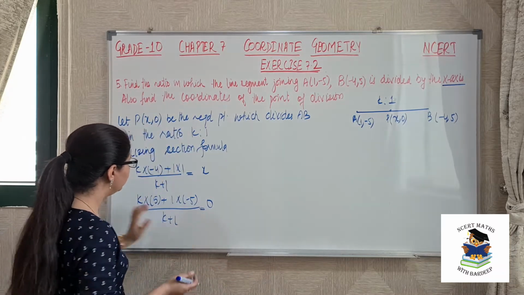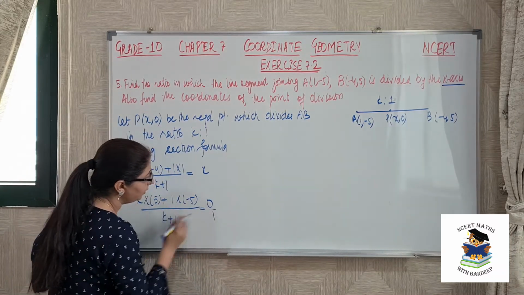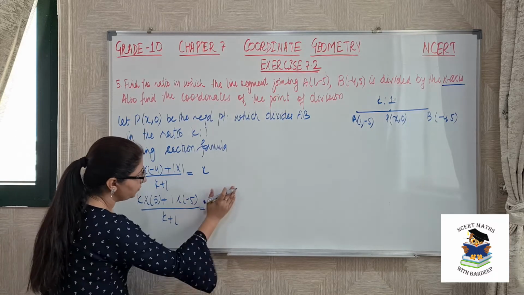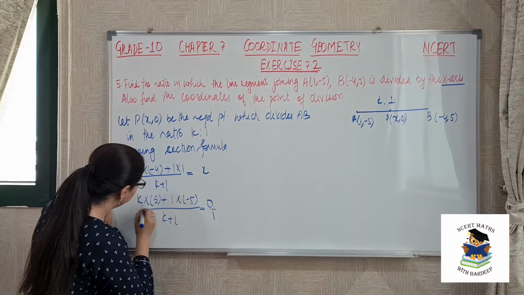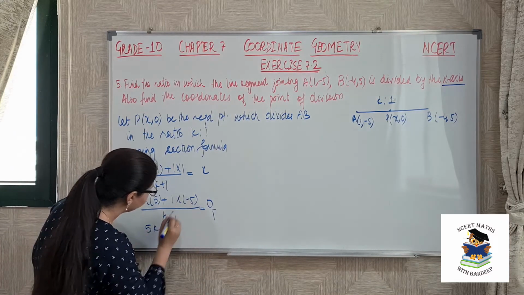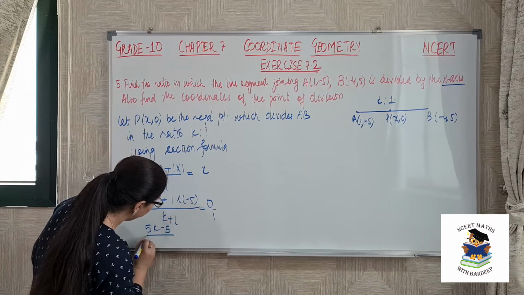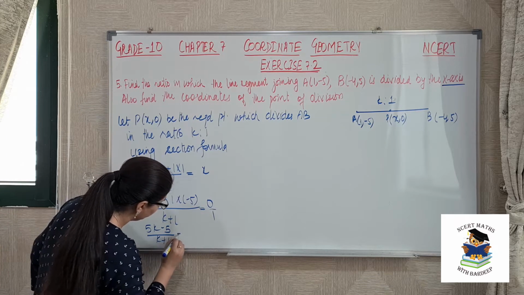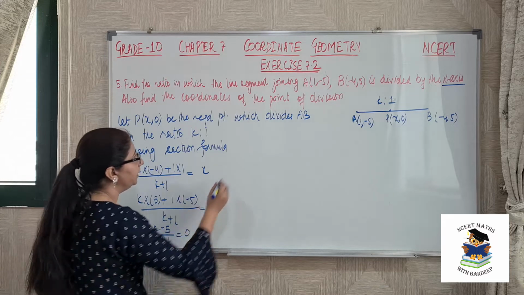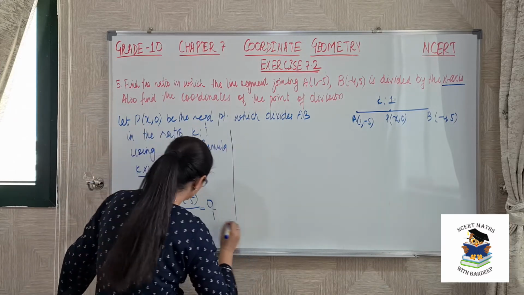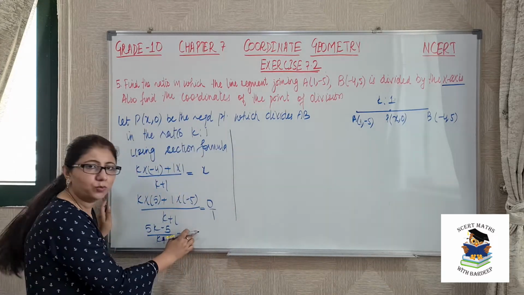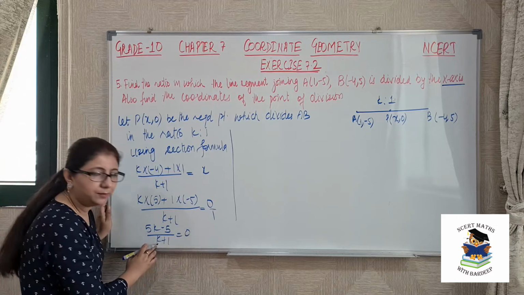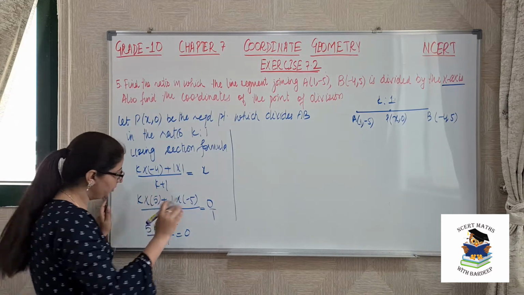So this we will solve. See, this is 0 by 1. We will cross multiply. So this will go on this side and cancel. So this is (5k - 5) over (k + 1) is 0. So now we will multiply this further. This k plus 1 will go to this side. So 0 multiplied by k plus 1 is 0.